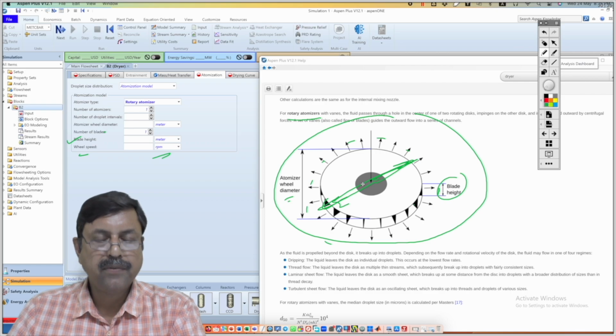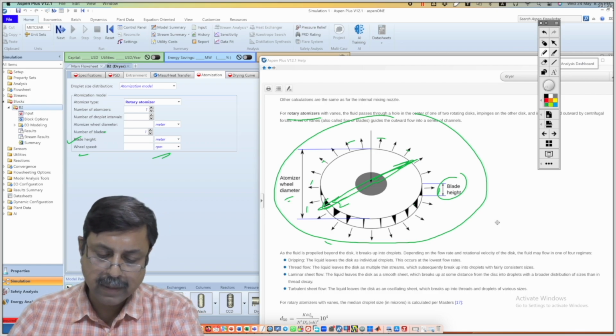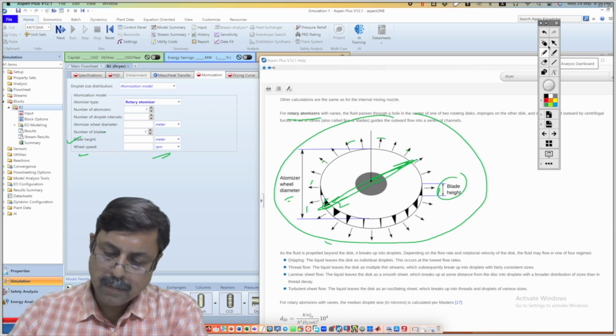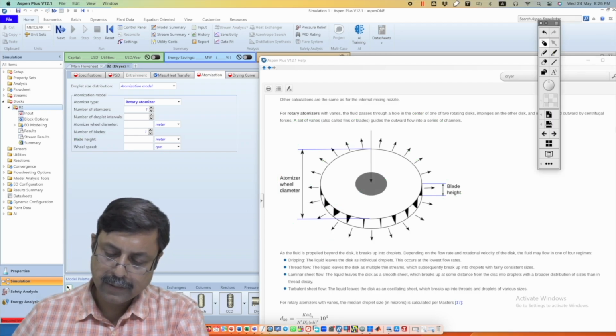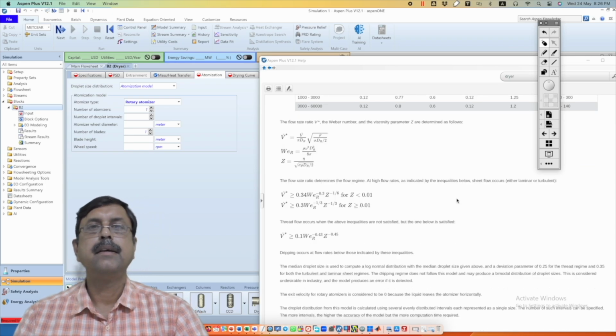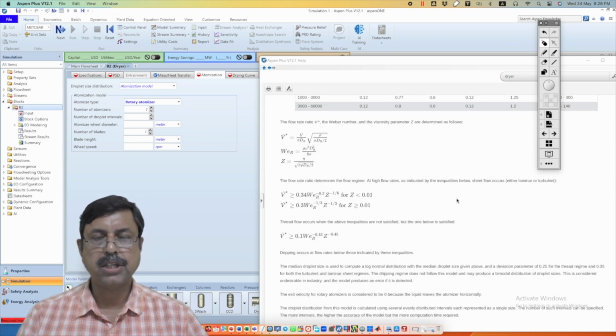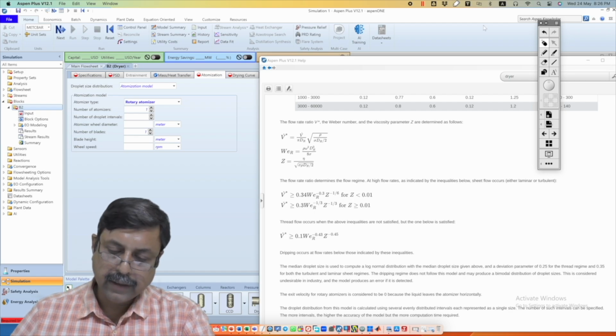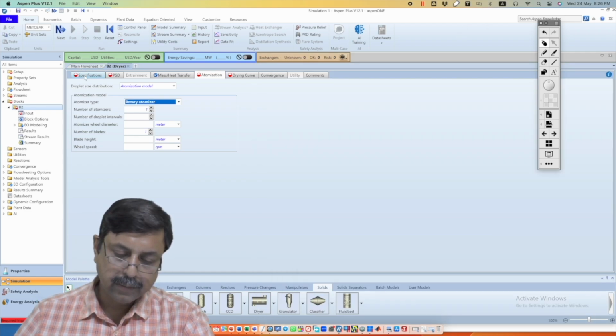So if you provide all this information, basically the geometry, then from this set of equations, you will be able to find the required specifications. Okay, so that's how the spray dryer is specified.